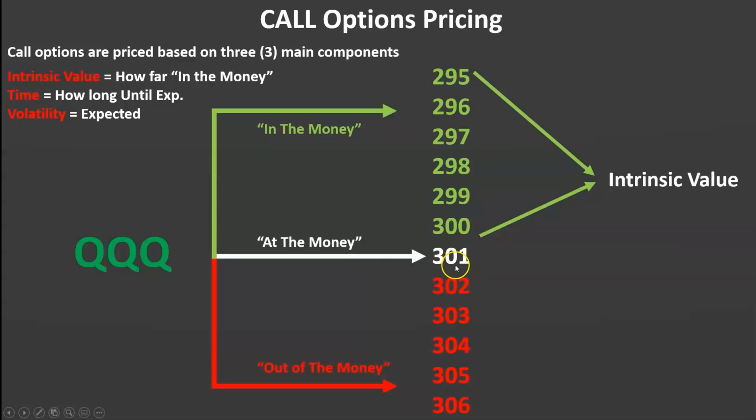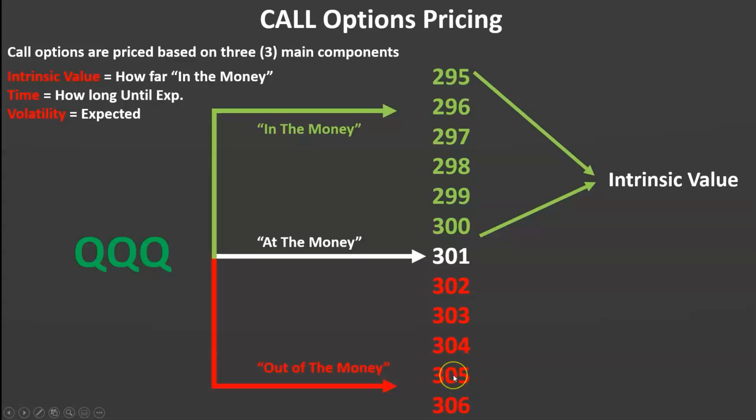Currently, we're at $301.10. But imagine if through technical analysis, we suspected that in 2 weeks, the price was going to move from $301 to $310. Okay? From $301 to $310. So I buy the 305 calls, which gives me the right to buy the stock at $305.